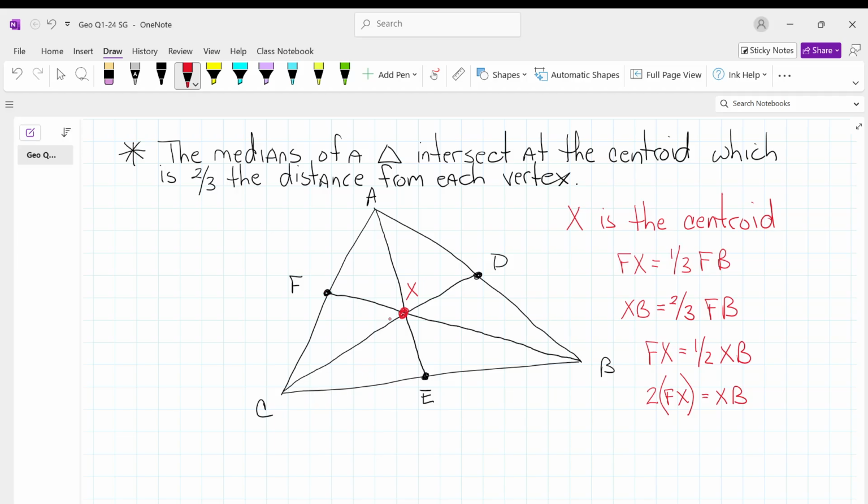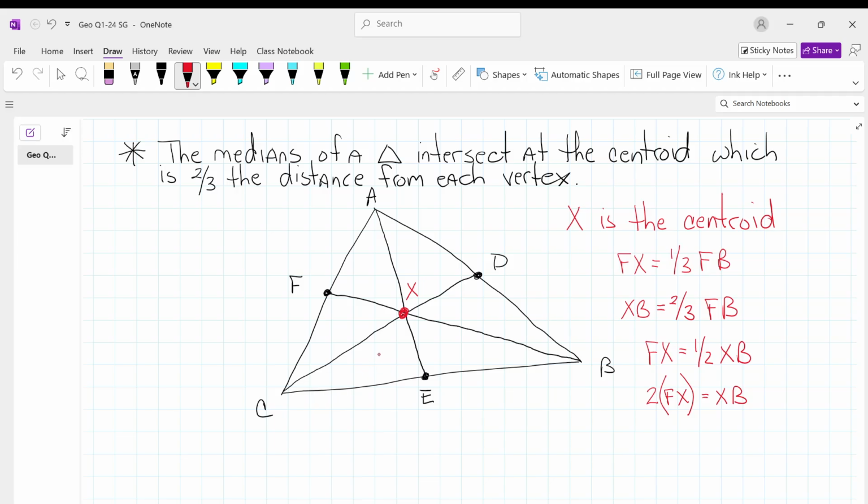All right, so that same rule, these formulas apply to all of the medians. So the distance from the side to the centroid is 1/3 of the whole median. Okay, that applies to DX and it applies to EX.